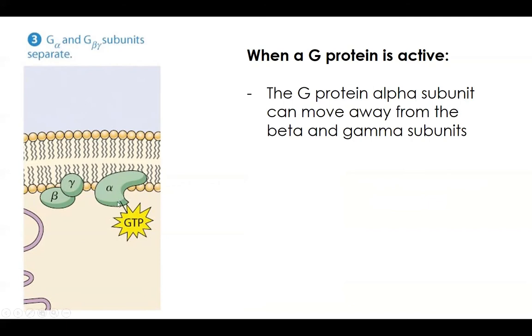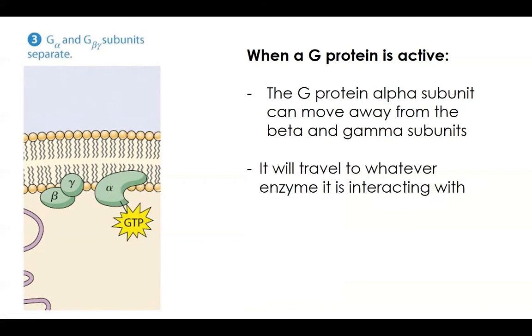This is the one that's going to handle the work that comes next. This alpha subunit will travel to whatever enzyme it happens to be interacting with. Again, we haven't talked about its options, but we'll get to that part too. At this point, it's just important to understand how a G protein can interact with its receptor.